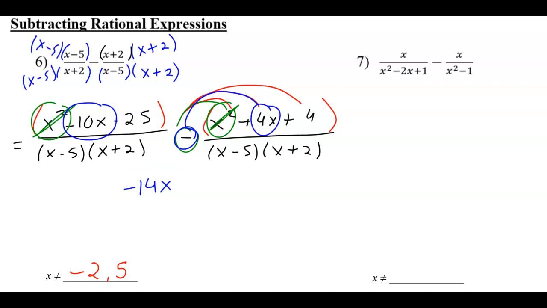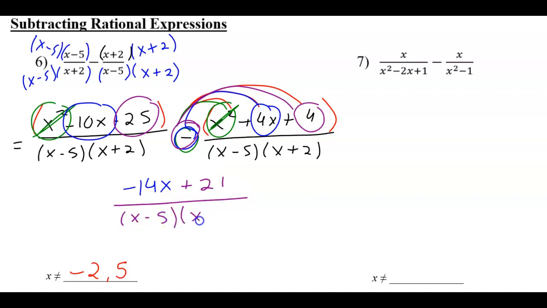Okay, so when you're subtracting fractions, you really got to pay attention to distributing that negative. Okay, and then on the last term, we have a 25 minus 4. So that just becomes a 21 all over the common denominators.